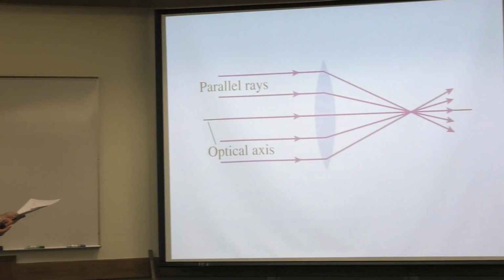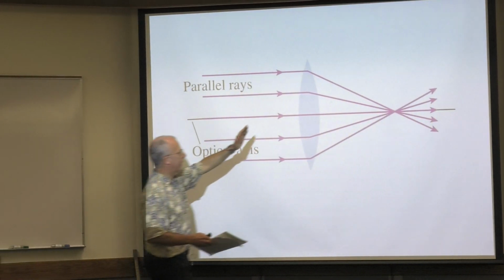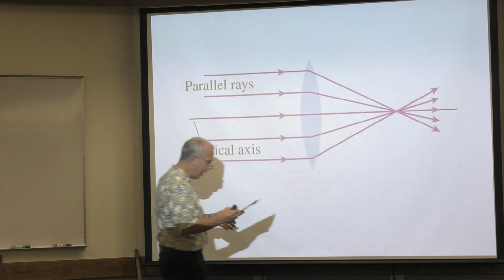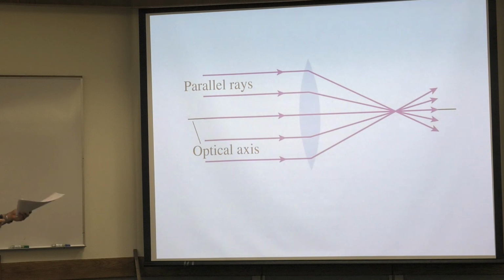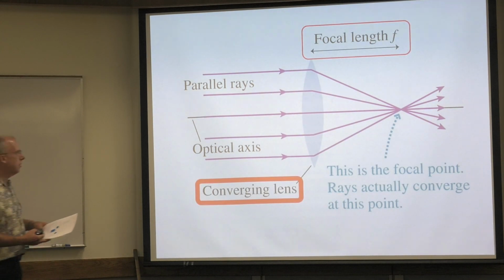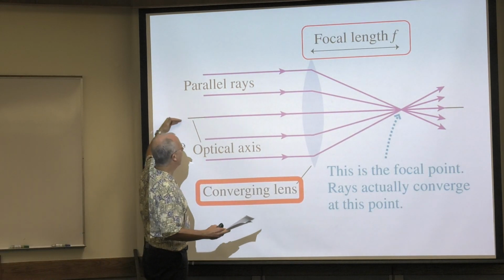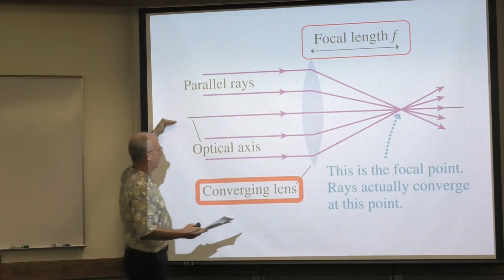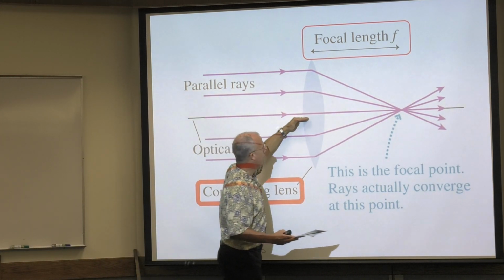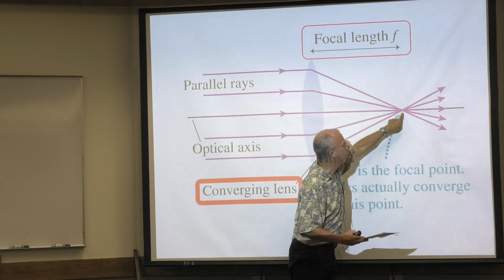So this is called ray tracing. All right, what kind of lens is this? This is a lens. You see the glass lens? So what kind of lens is that? And where's the focal point? Well, you can see that the parallel rays, because we're assuming the object's far enough away so that we can have parallel rays coming in, converge to a point.